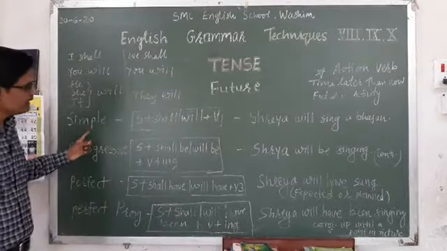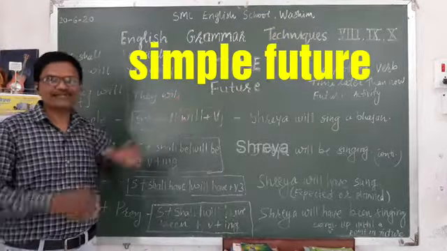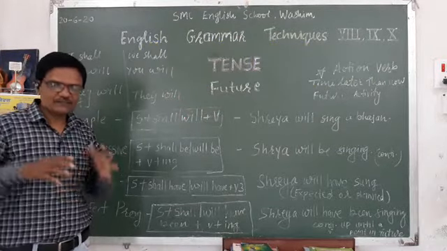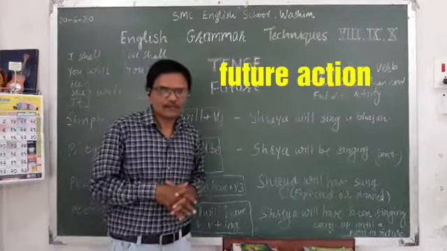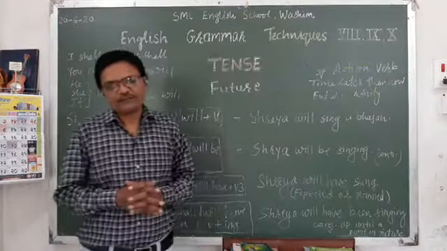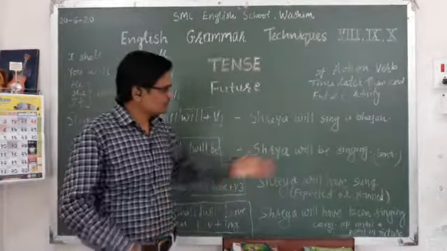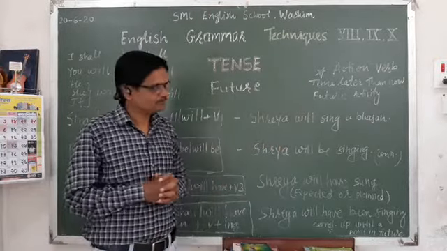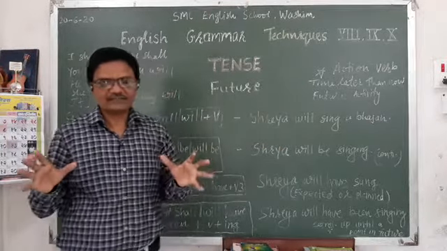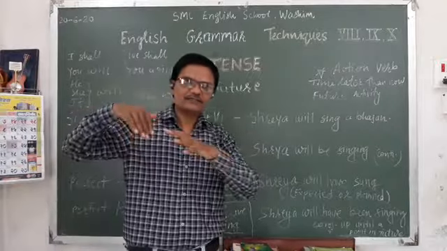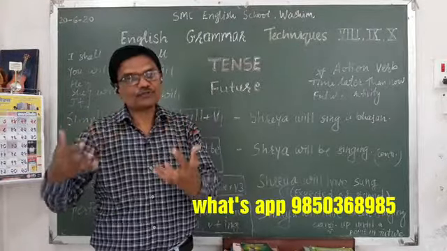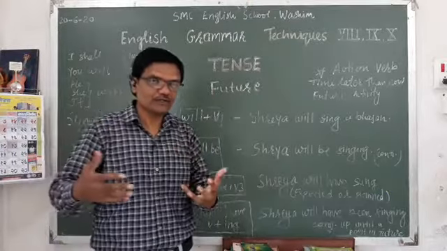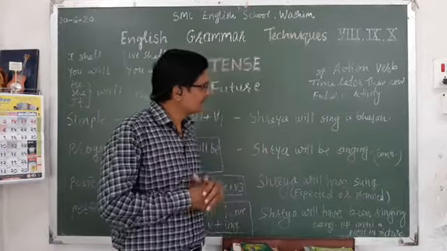Here, simple future tense. What is the function of simple future tense? Overall, future tense is about future activity, the events that would be taking place in future time, in future period.